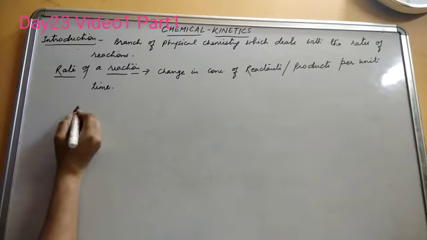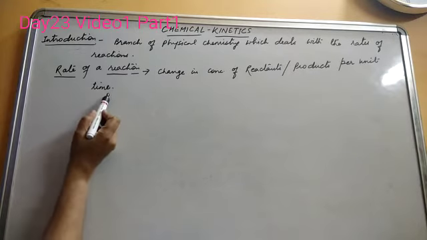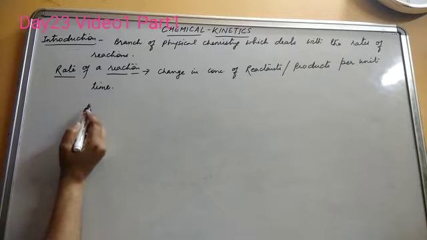Rate of the reaction can be calculated with respect to reactants or with respect to products.